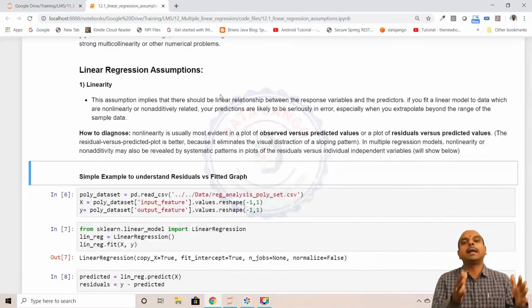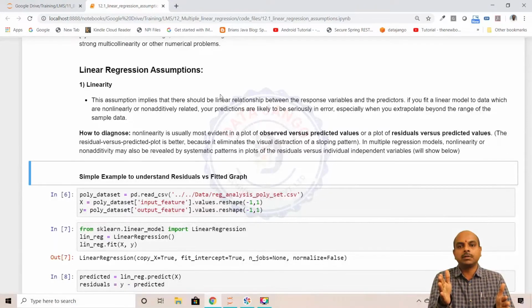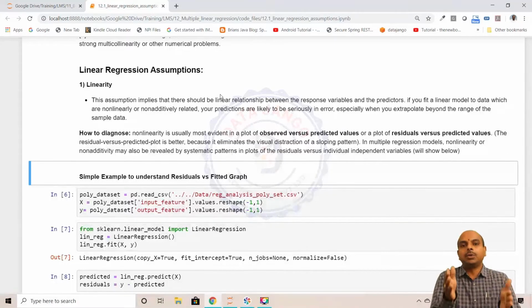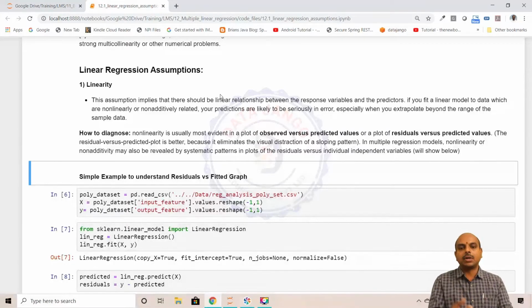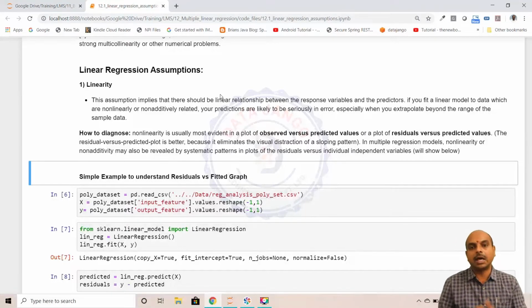But if you have 100 input variables and one output variable, the way you can identify whether a linear relationship or some other relationship is there is by doing a scatter chart between residuals and predicted values only. So let us try to understand how exactly it solves the problem.